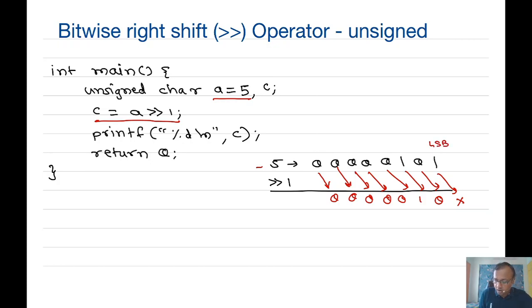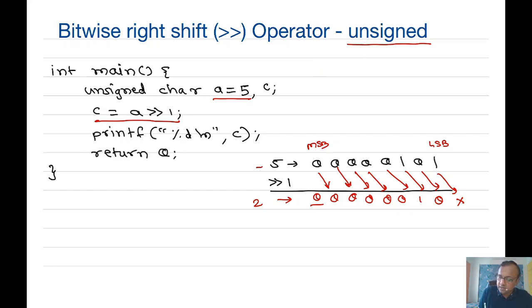But what about the leftmost bit? The leftmost bit, or MSB, will be 0 if your number is an unsigned number. Okay, what bit pattern do you get? This is the bit pattern of 2.